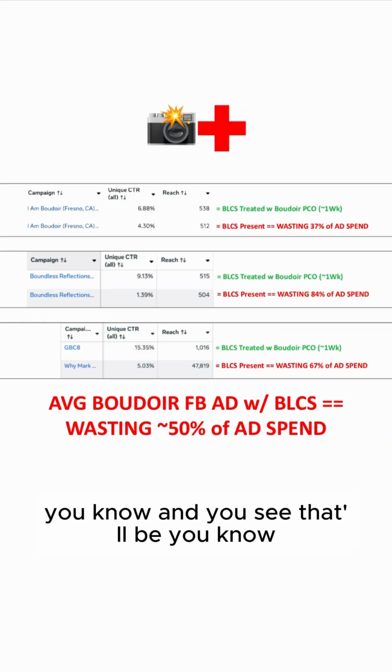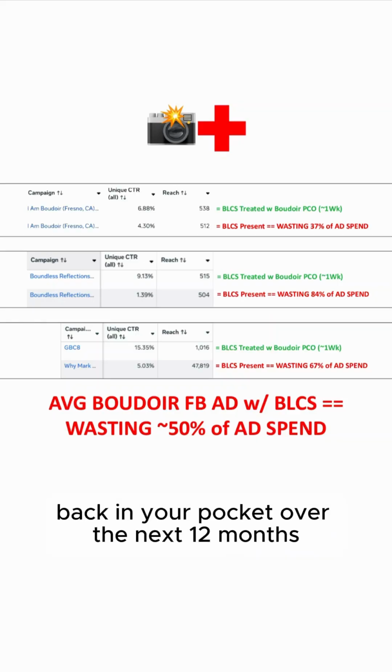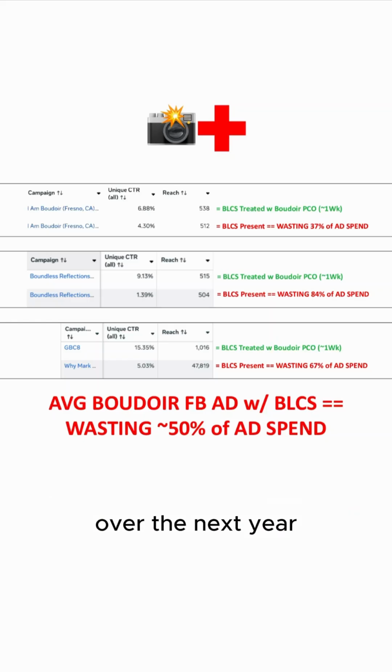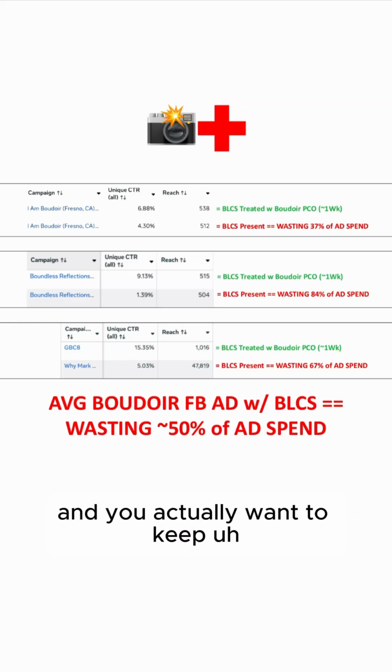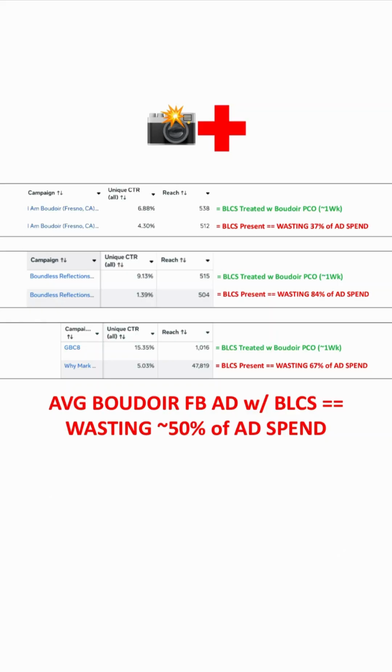And you see that'll be approximately 60K back in your pocket over the next 12 months, over the next year. And you actually want that outcome of the Boudoir Pico treatment.